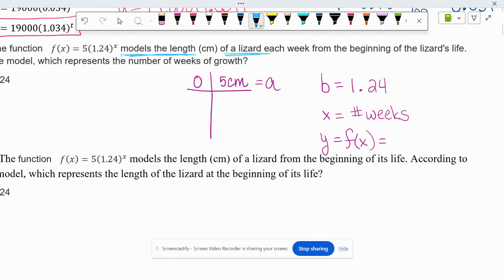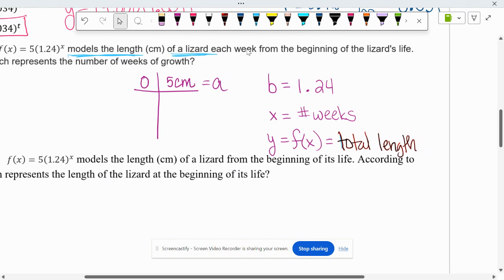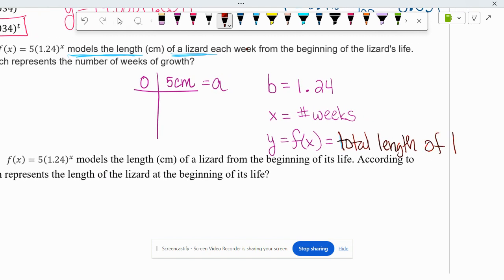The length of what? Yeah. So the f of x or the y value represents the total length of the lizard. The total length of the lizard.